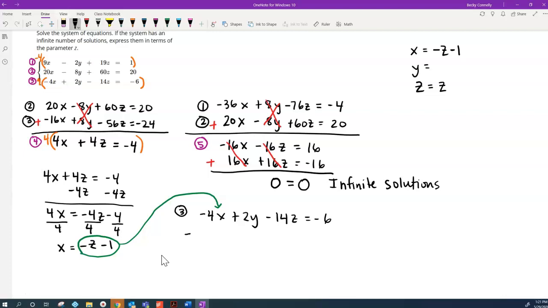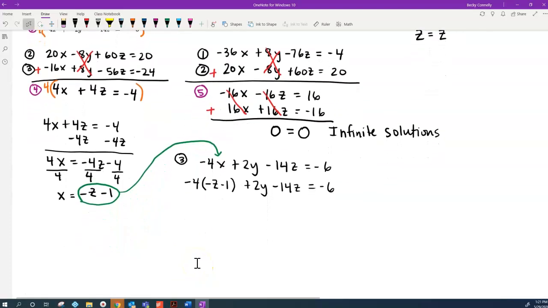So that will give me negative 4 multiplied by the quantity of negative z minus 1 plus 2y minus 14z equals negative 6. So let's distribute that negative 4 through now. And so then I'll get 4z plus 4, just distributing that through, plus 2y minus 14z equals negative 6.